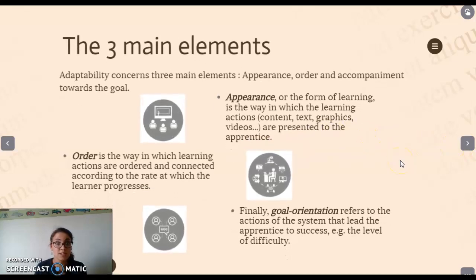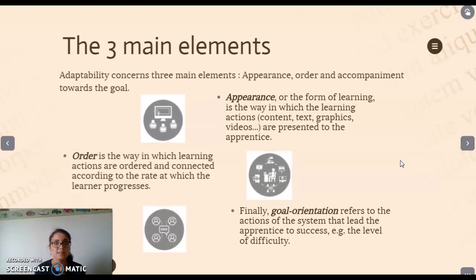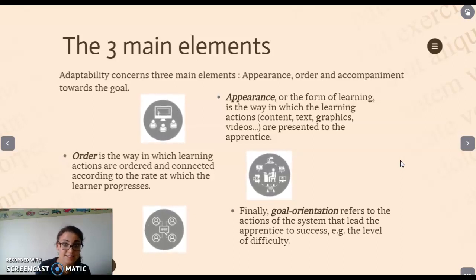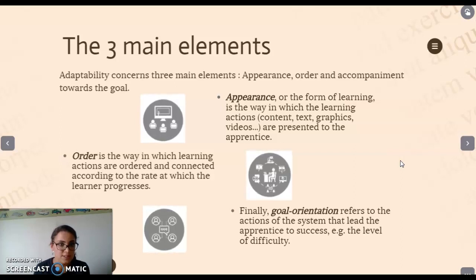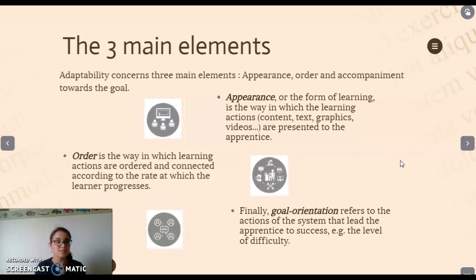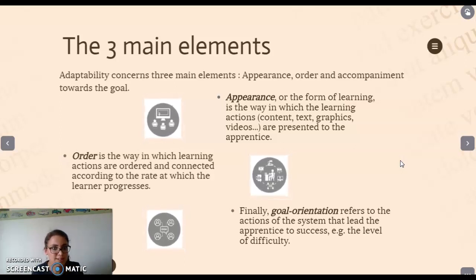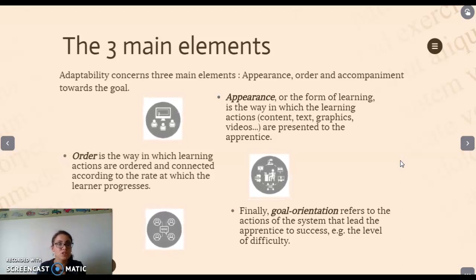What are the three main elements? The first one is appearance, or we can say form of learning, the way in which the learning actions like content, text, graphics, videos are presented to the apprentice. And the second one, order. Order is the way in which learning actions are ordered and connected according to the rate at which the learner progresses.